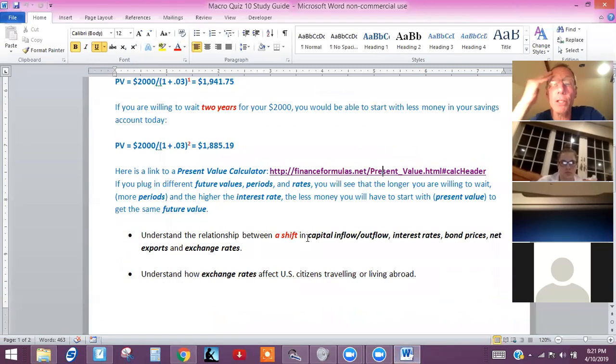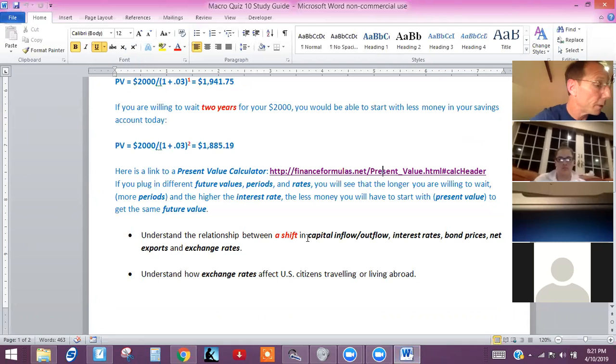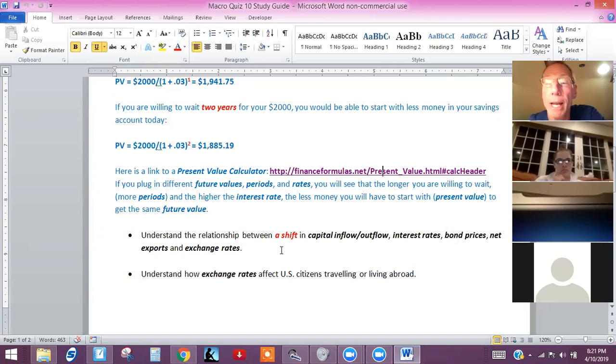Okay, this is the tricky one, right? This is the one I'm going to spend more time on, because of this one right here. Let me find that question. Okay, so one thing you always need to keep in mind: bond prices and interest rates.